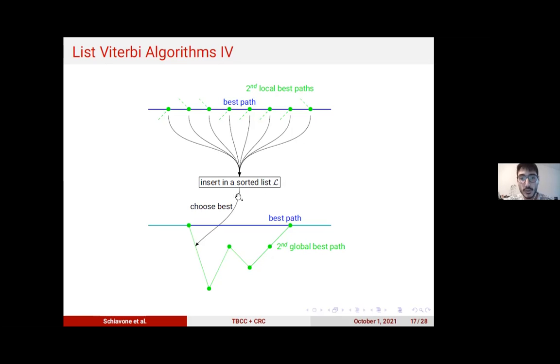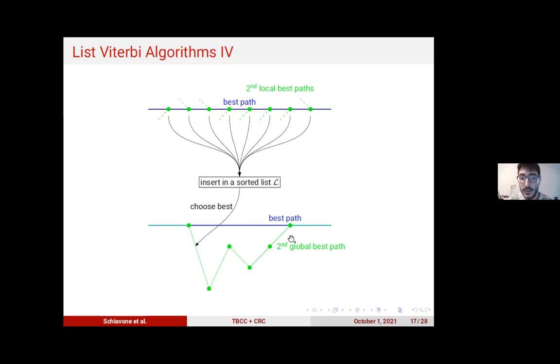But what we do is, at the first iteration, after having found all the local best paths, if we choose the best, we have the second global best path. If the best path was not okay for the cyclic redundancy, if it didn't match the parity equations of the cyclic redundancy check code, we can look at the second global best path to see if it matches the parity equations.